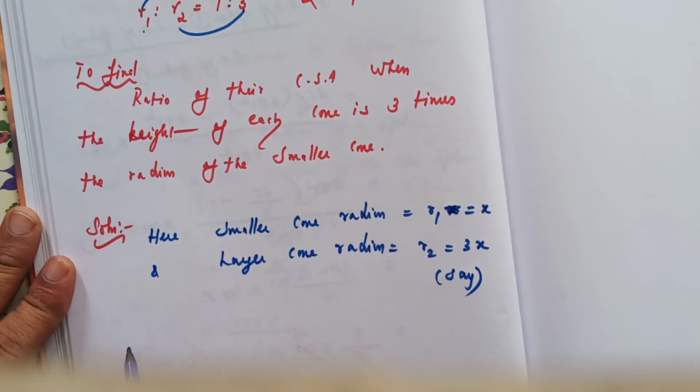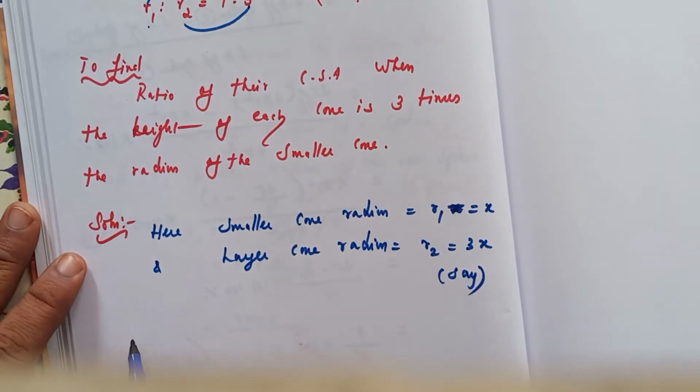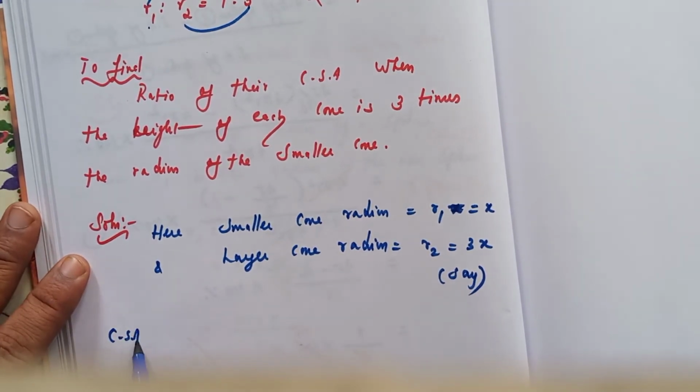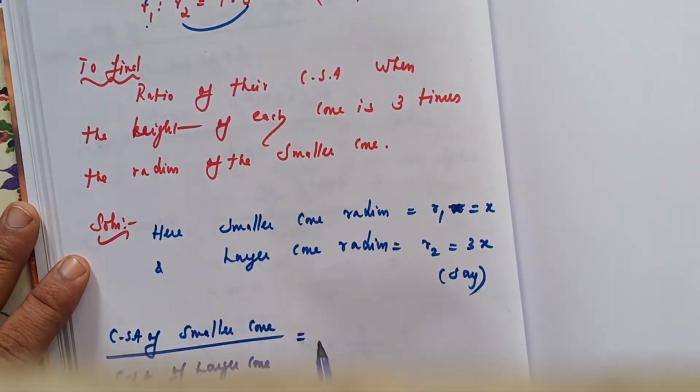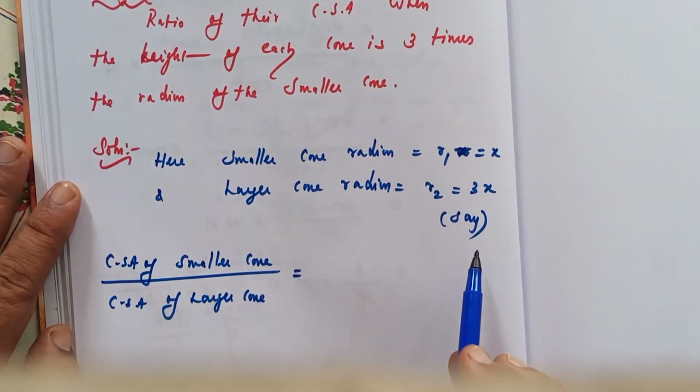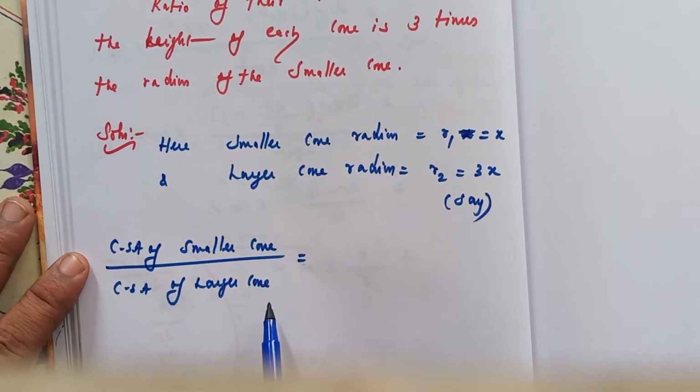Now we have to find the curved surface area of the smaller cone divided by the CSA of the larger cone.